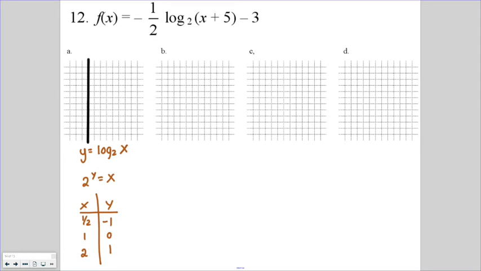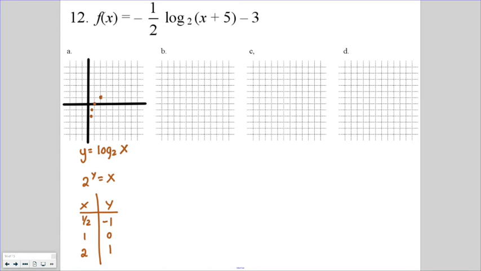So I'm going to plot these points here. And then we'll go from here. I'm going to plot a couple of more too. When y is negative 2, x is 1/4. And then when y is negative 1, x is 1/2. And then we've got 1, 0. We've got 2, 1.